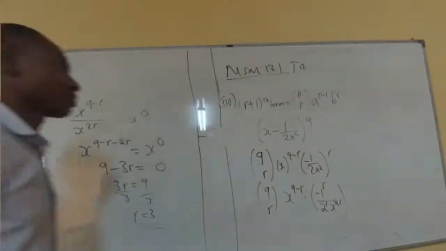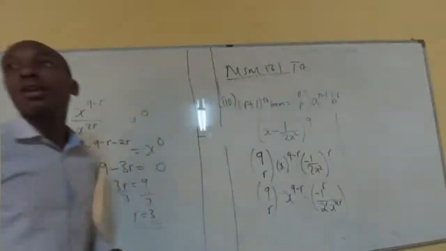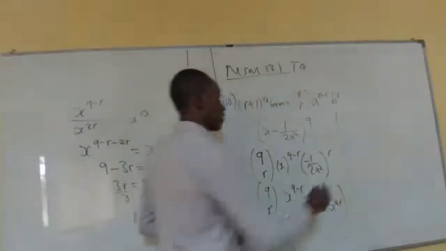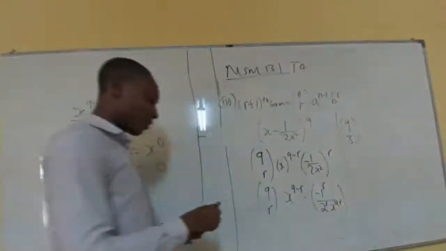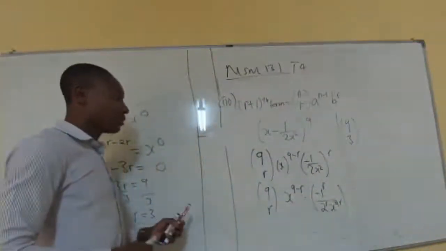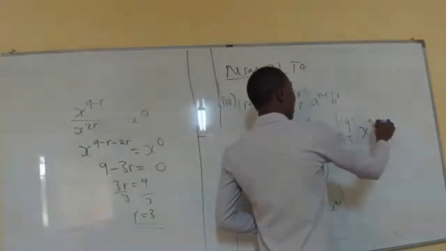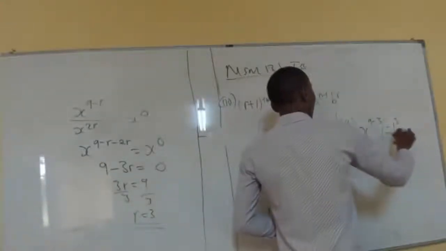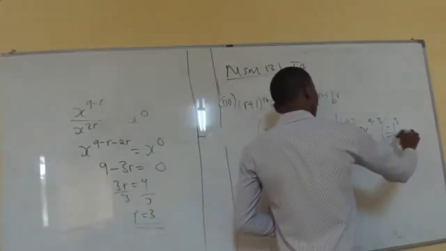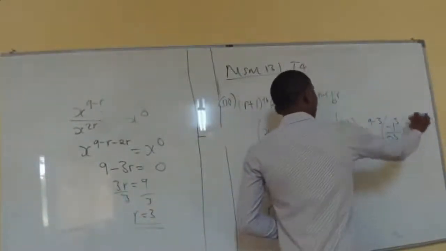So let's write it from this side, right? Okay, so basically what we're going to have now is 9 choose 3 from there. Then we have x to the power 9 minus 3. Then negative 1 to the power 3 over 2 to the power 3, x to the power 2 times 3 is 6.